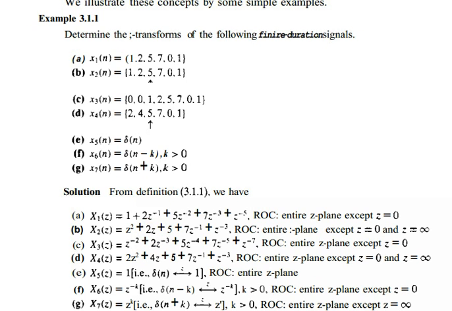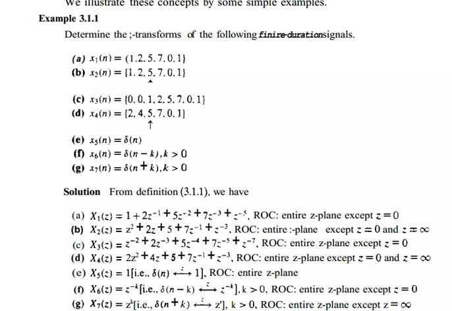When you give z equal to 0, it becomes 2 by 0, which is not defined. The same holds for 0 raised to 1, 0 raised to 2, 0 raised to 3. So the entire values of z are valid except z equal to 0.